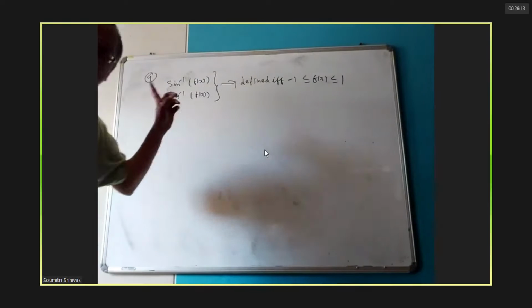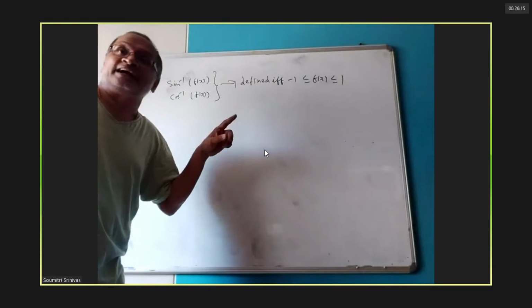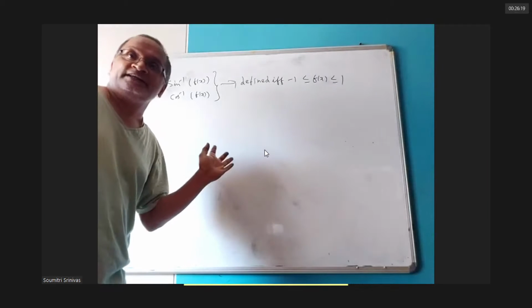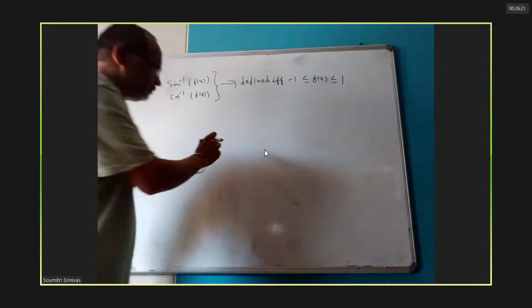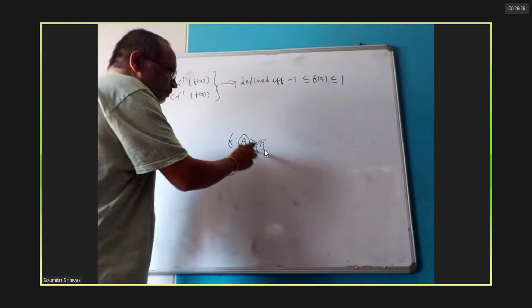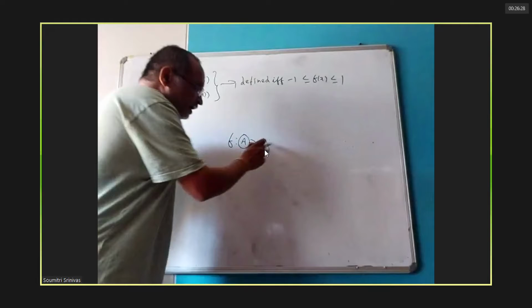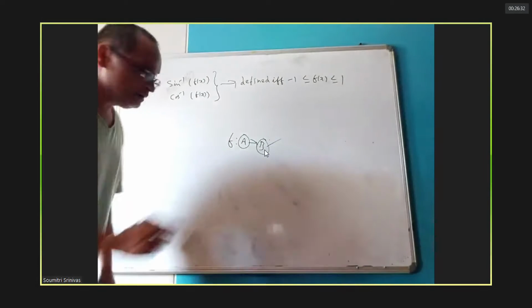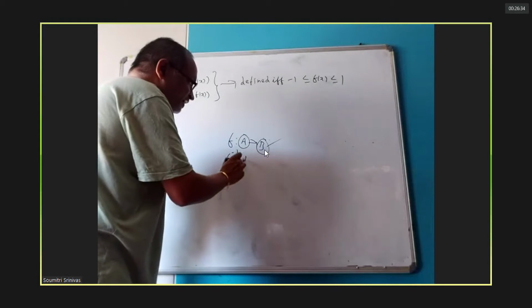Remember, इनका range sin x का range क्या था? -1 to 1. Cos x का range क्या था? -1 to 1. F is a function from A to B. A domain, B range. Sin का range क्या है? -1 to 1.